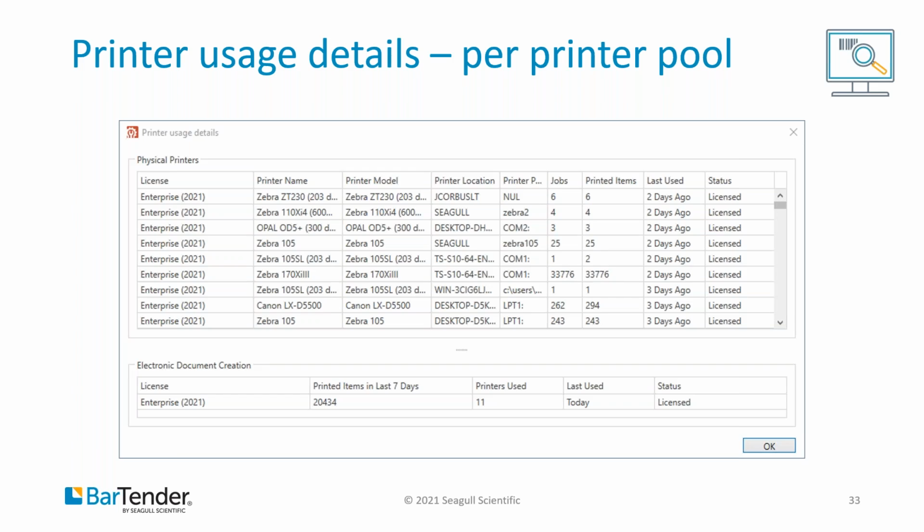For every 2,000 printed items created as a PDF or some other electronic document format, it will use 1 printer license. And that's why for this screenshot, we've used 11 printer licenses. That's some quick math I did there.